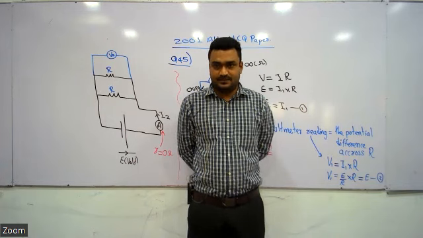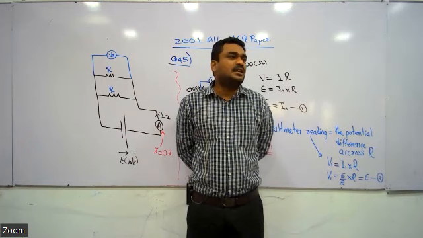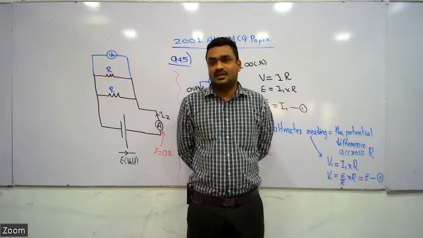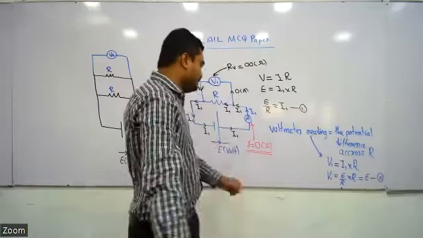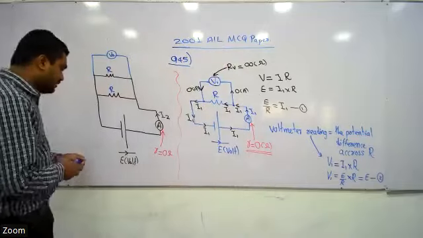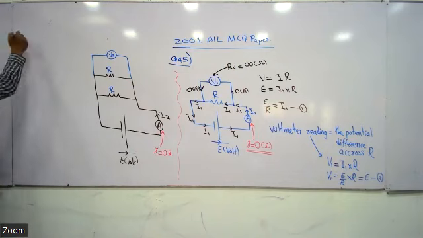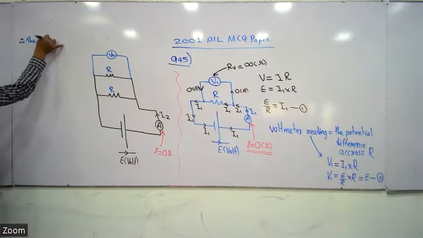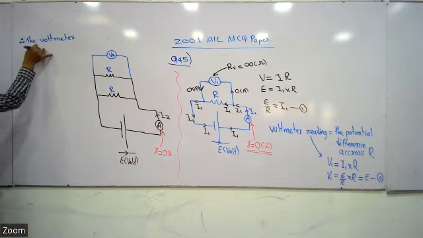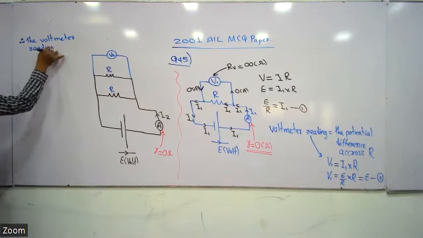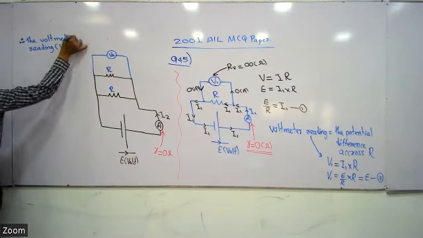What's the simplest meaning of EMF, dear? Potential difference between the positive and negative terminals of a battery. But the definition is slightly different. Therefore, write the voltmeter reading. They have said the voltmeter reading is V2.